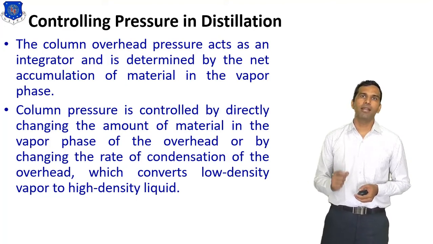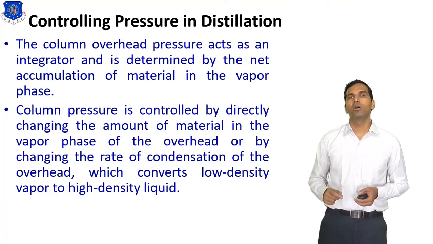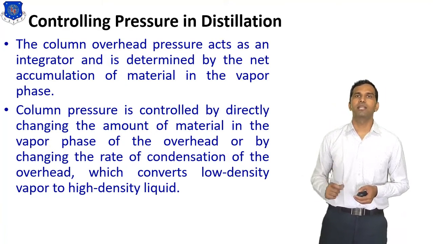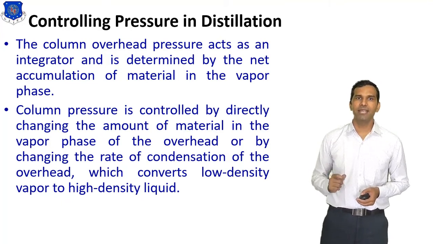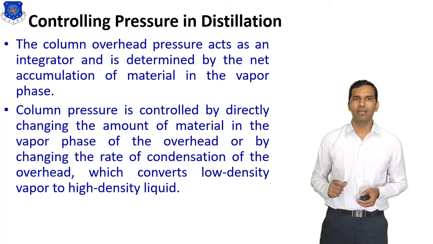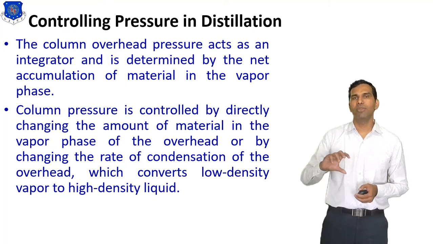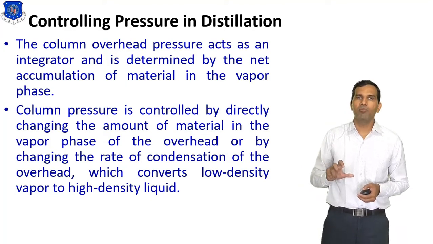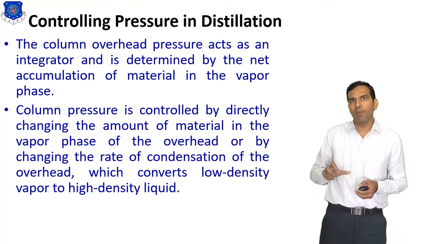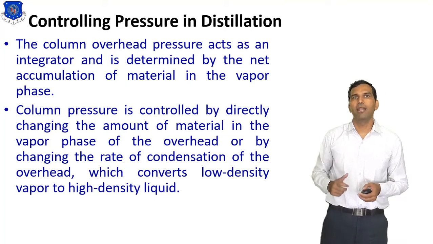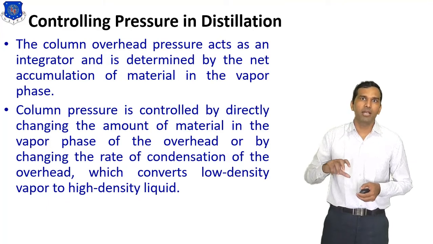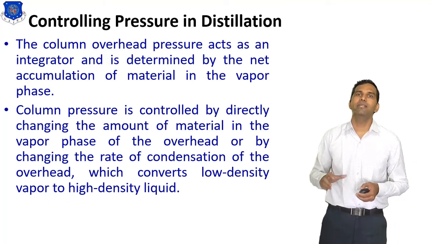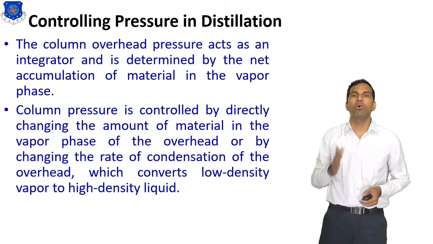So there are two ways to control the pressure inside a distillation column. The first approach is changing the amount of material in the vapor phase of the overhead. That means we can change the flow of material in the overhead, and then pressure is maintained.